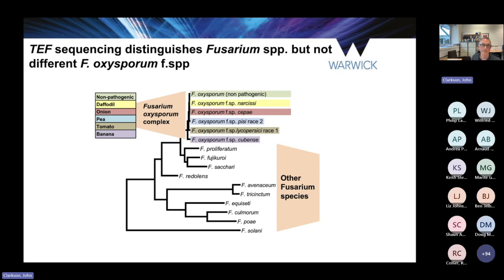But in the top half, we have the Fusarium oxysporum complex, and we find that sometimes we get identical TEF sequences for these different forma speciales that affect different crops. So really, that's not a great approach then for diagnostics. So that was the kind of challenge we had some years ago.